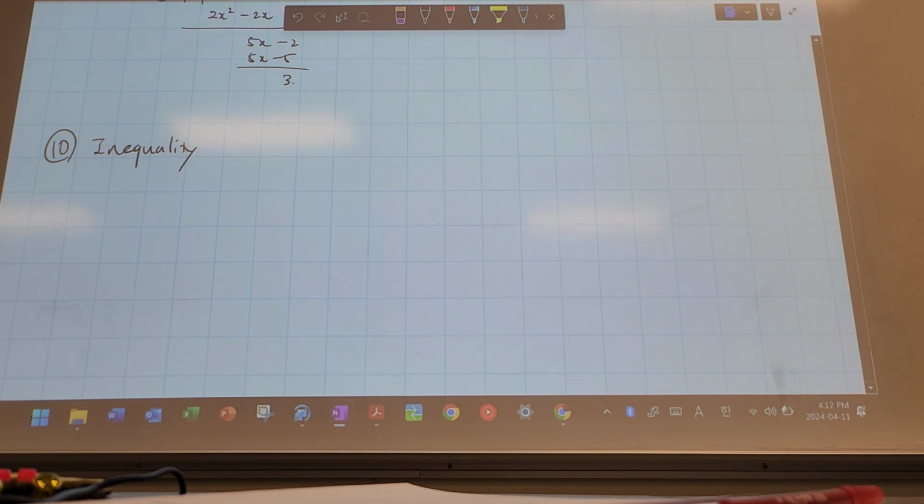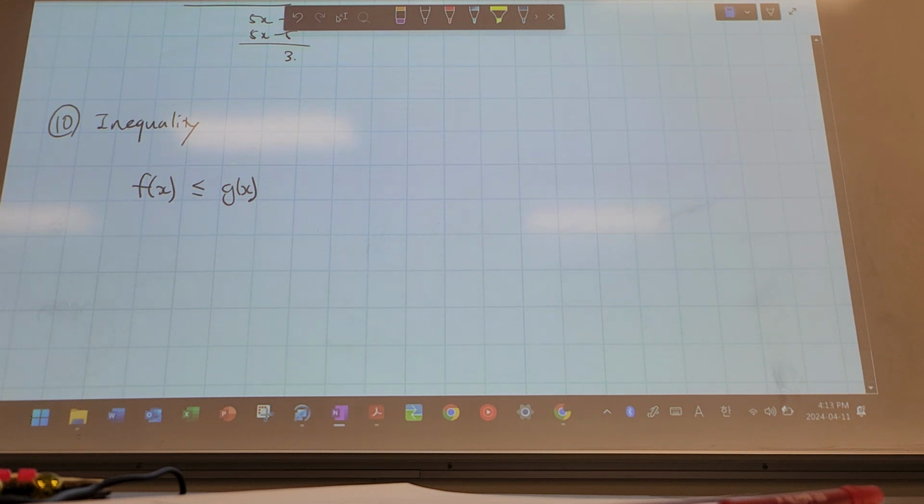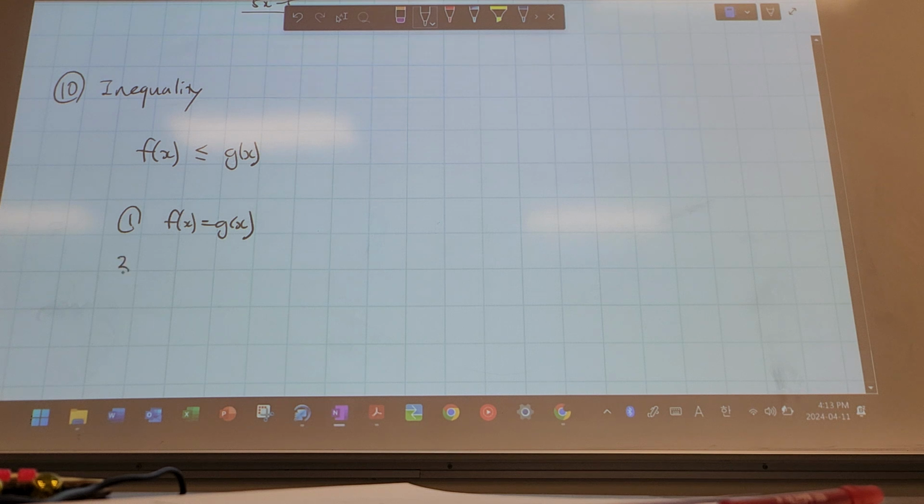So inequality is when you have f of x, let's say, less than or equal to g of x, for example, right? The first thing we want to do is find the solution of the equation. So first you solve f of x equals g of x, and then use the solution to test the points before and after.